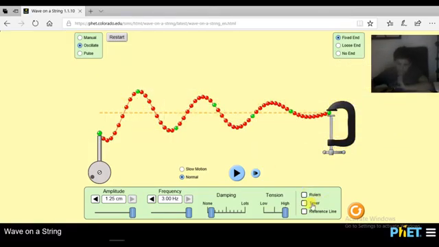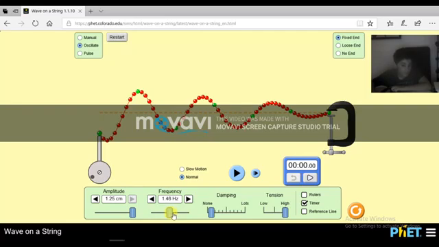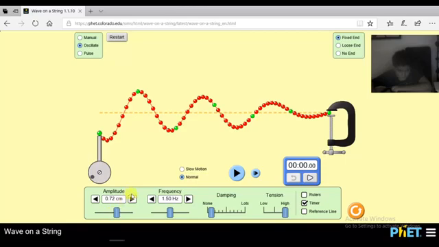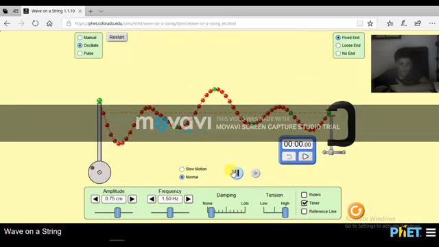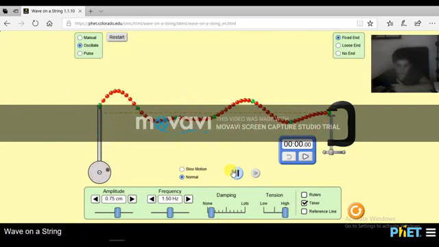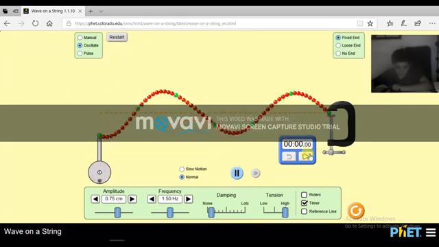Now, how about the wave period? It is the measurement of time. The timer is usually for finding the wave period. Now let us start. Okay, we have to wait just a second.